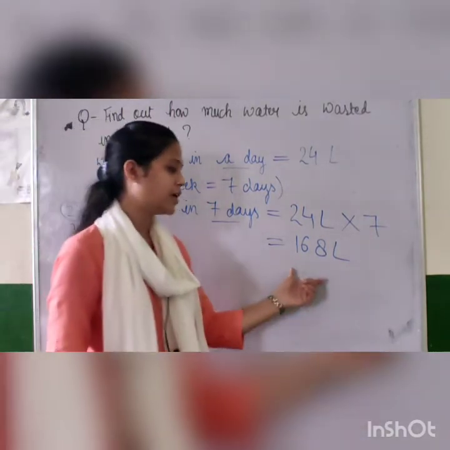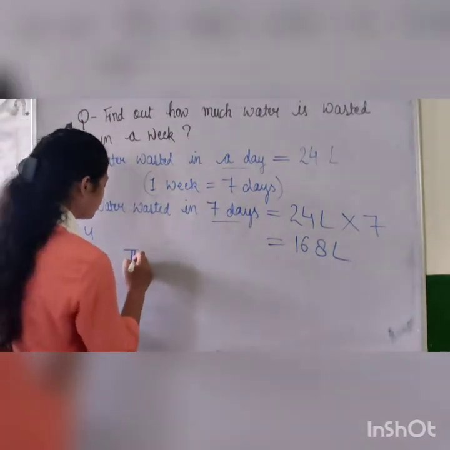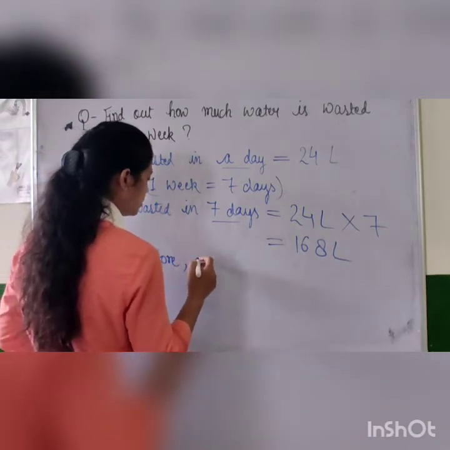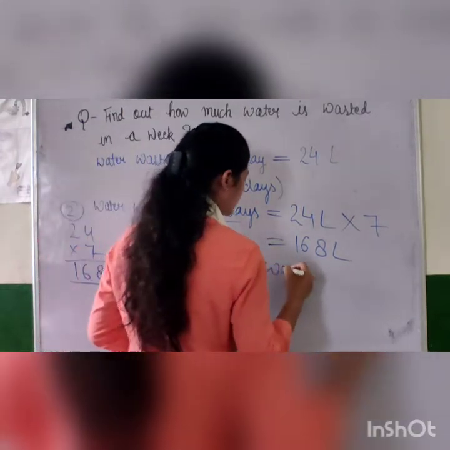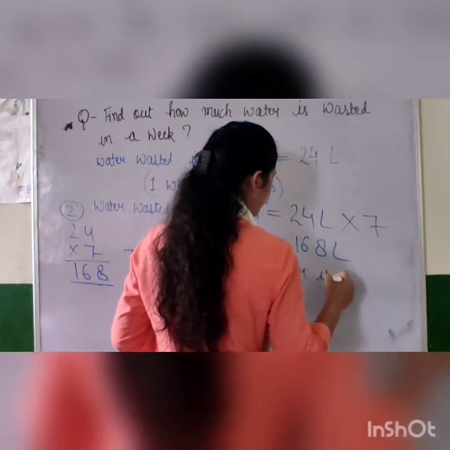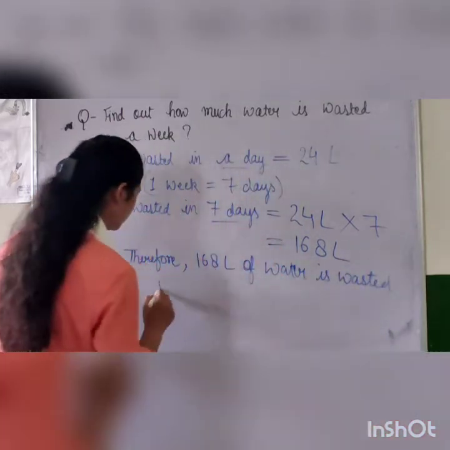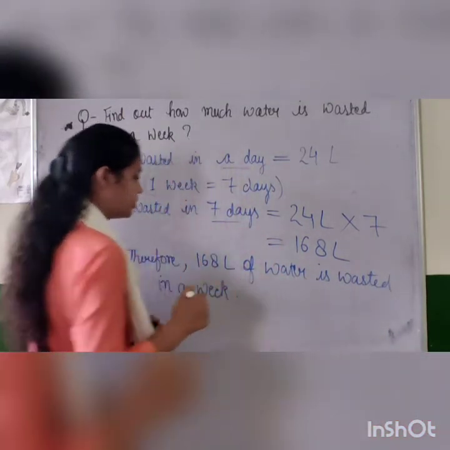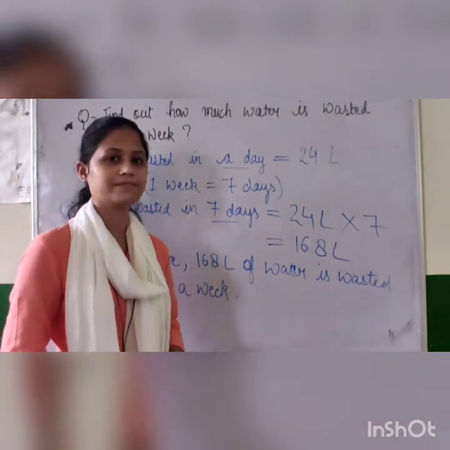They are wasting 168 liters of water in 7 days. Therefore, 168 liters of water is wasted in a week.